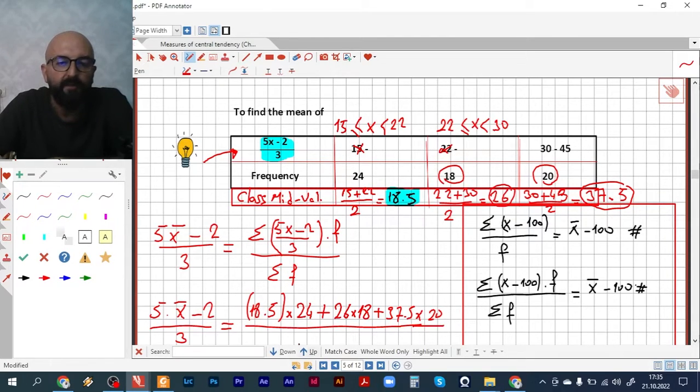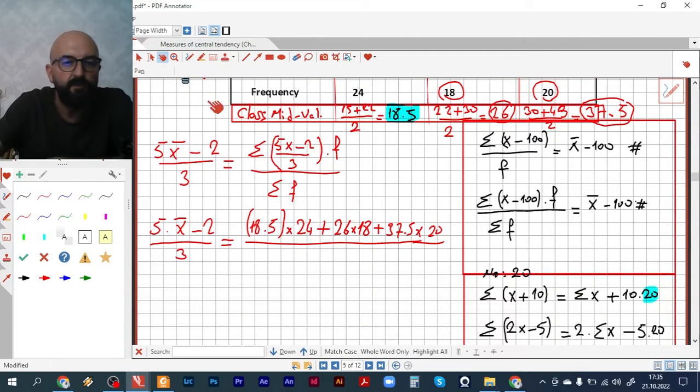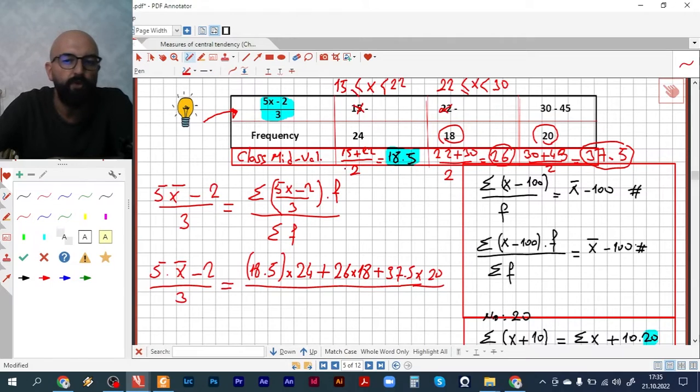Okay, and over the sum of frequency, which is 24 and 42 and 62, so it's 62.